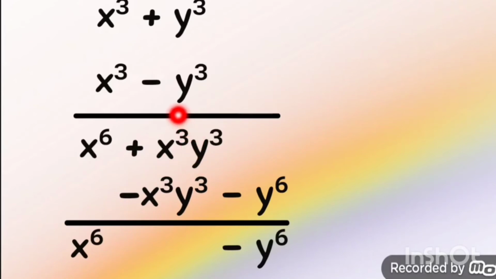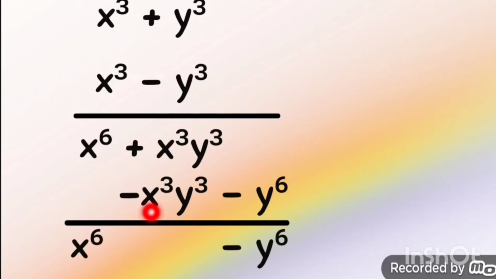Now we take minus y cube and multiply it with both terms of the first polynomial. Minus y cube multiplied by x cube will be minus x cube y cube. Minus y cube multiplied by plus y cube will be minus y raised to power 6. Now we will add these two expressions.